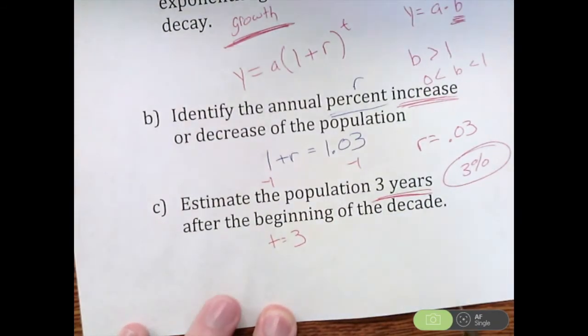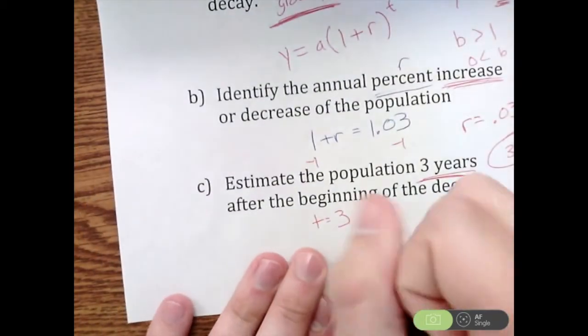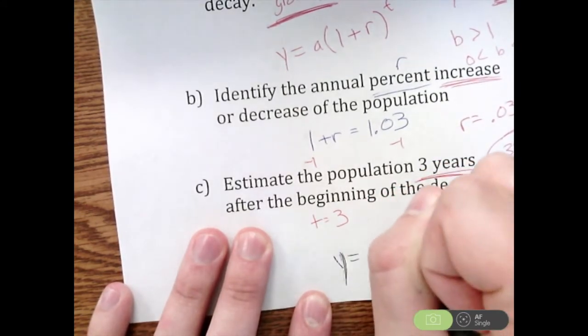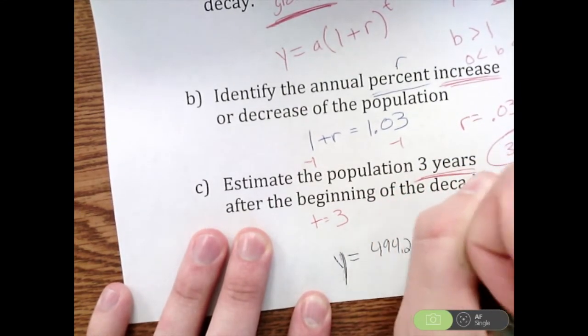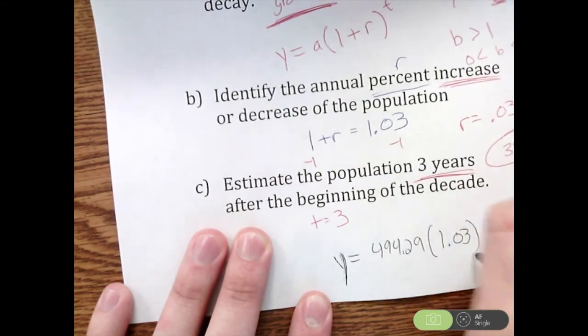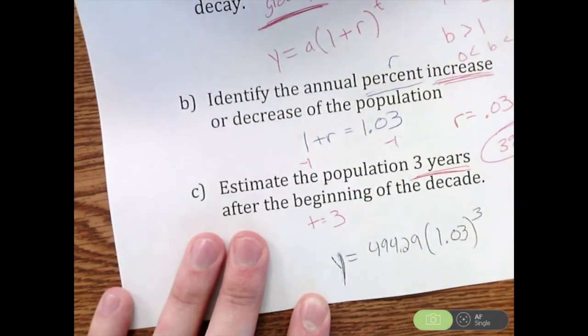All we have to do is take this value and plug it into this equation. That's going to look like y equals 494.29 times parentheses 1.03 parentheses to the exponent 3.